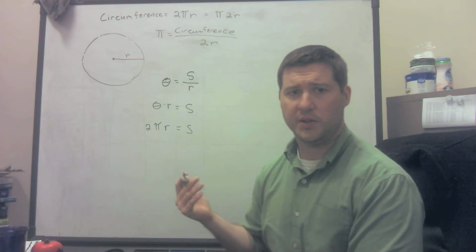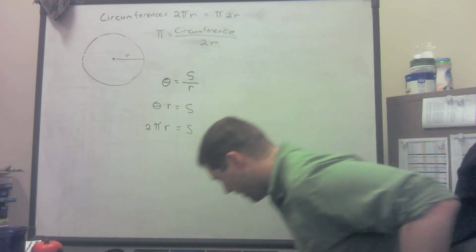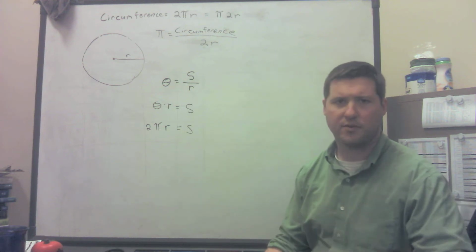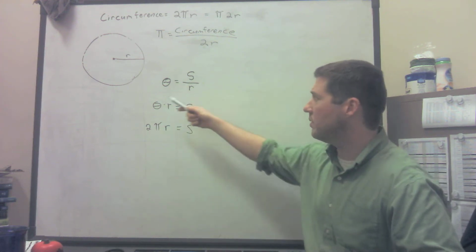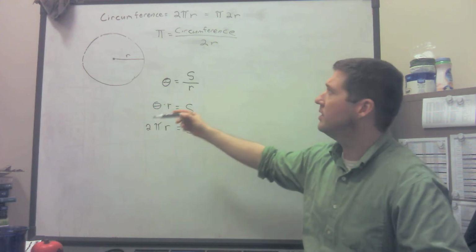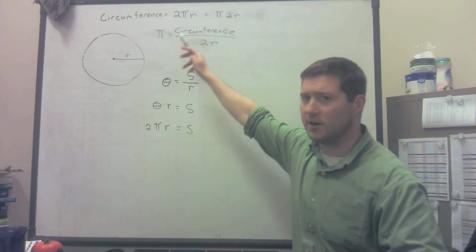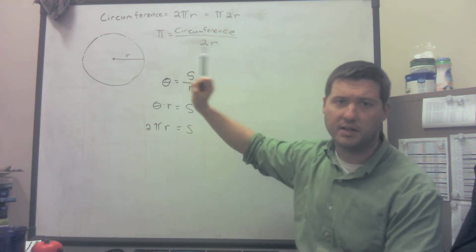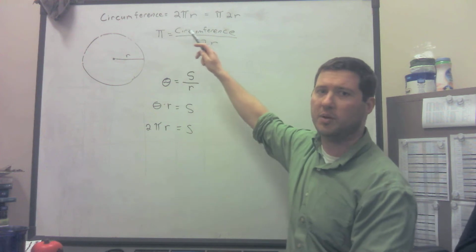And you're familiar with dealing with pi before. I imagine you've probably heard it before. Pi comes from this circle. That's where pi is introduced. Probably one of the earlier formulas you learned in regards to geometry was the circumference of a circle. The circumference of a circle is equal to 2 pi r.